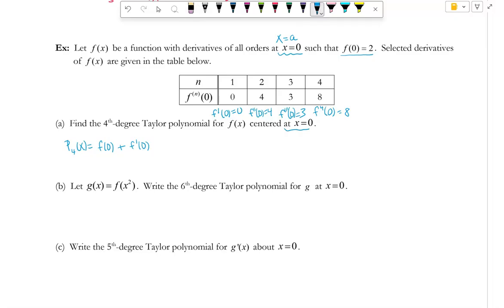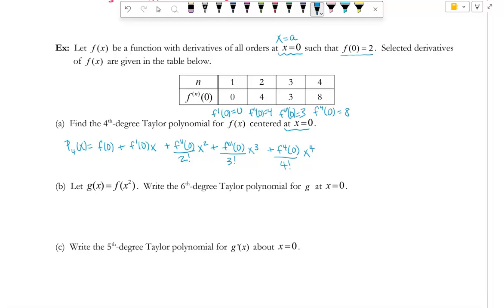Well, that's just x to the first power, plus my second derivative at 0 divided by 2 factorial times x minus 0 squared, so times x squared. Then I will get my 3rd derivative at 0 over 3 factorial times x cubed. Then my 4th derivative at 0 divided by 4 factorial times x to the 4th power.